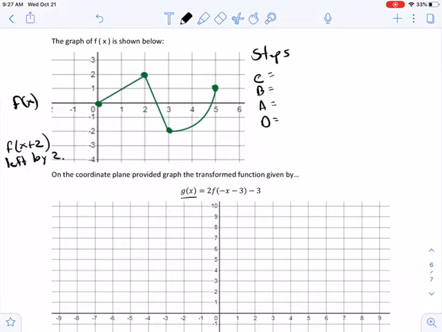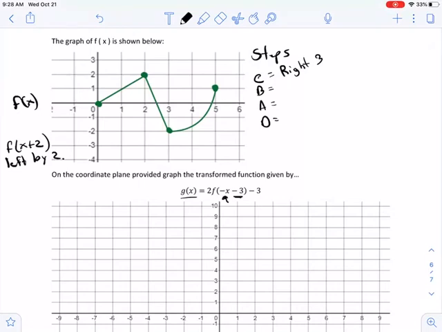my C value is going to be, am I moving something left or right, which I am in this case. Because of that negative 3, this is going to move it to the right 3. That one's good.